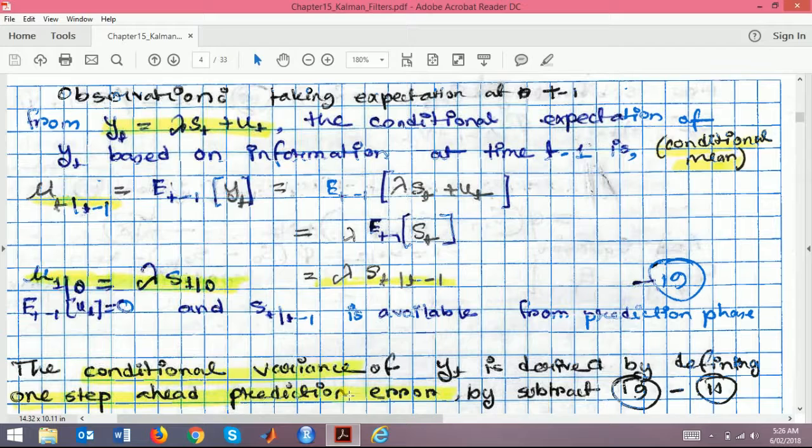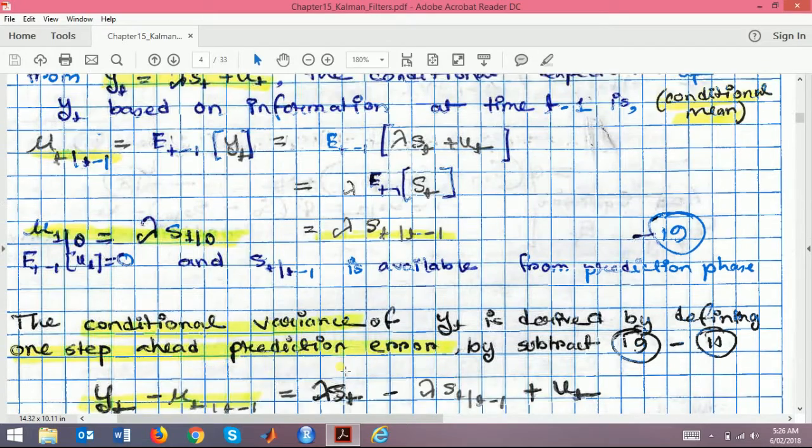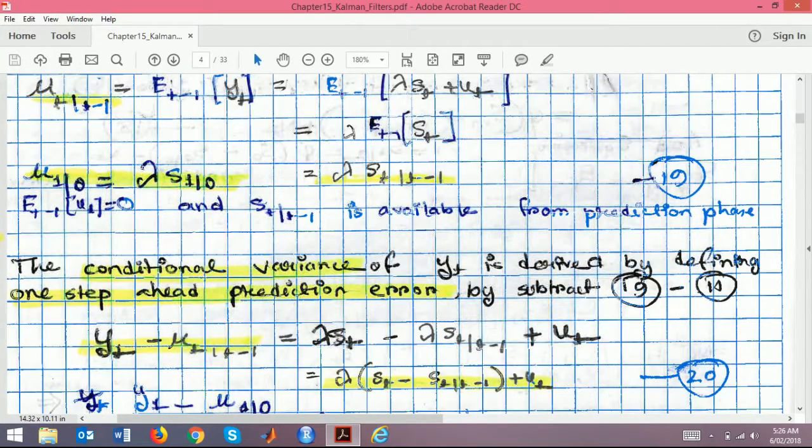mu1|0 equals lambda S1|0. We have derived S1|0 before, and we multiply that with the factor loading lambda to get the conditional mean. So mu1|0 equals lambda S1|0. Taking the expectation of ut and st conditional upon t minus 1 is available from the prediction phase.